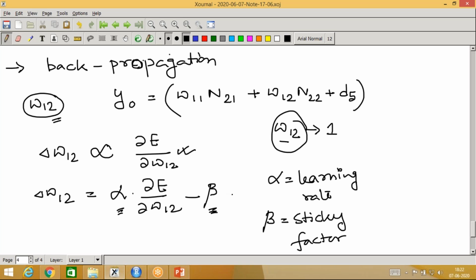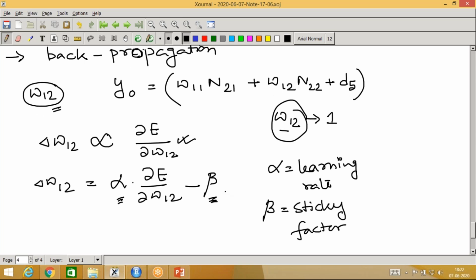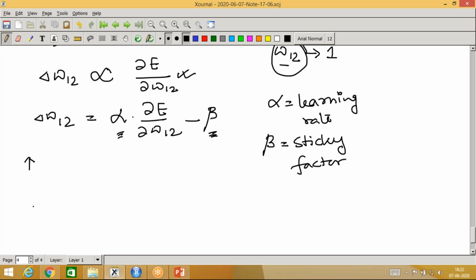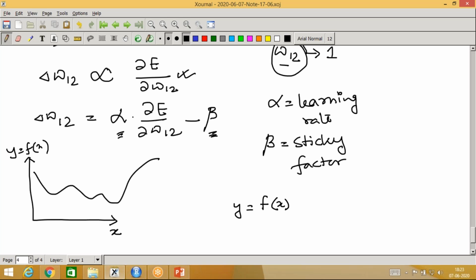How does this learning happen? Generally, the learning happens using this kind of a formula. Let's say for any f(x), I'm trying to optimize it over x. So this is x and this is y equal to f(x), and the curve is like this. I want to find out the minimum point.